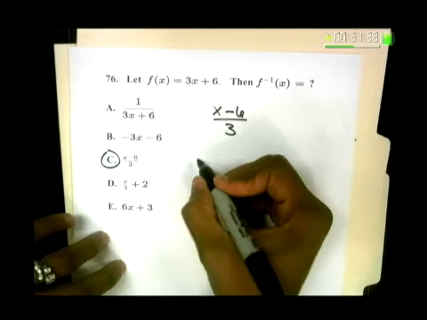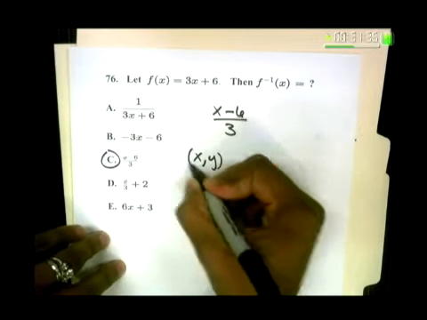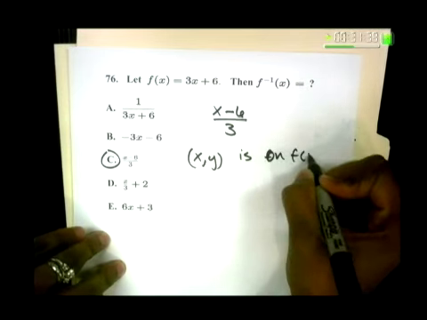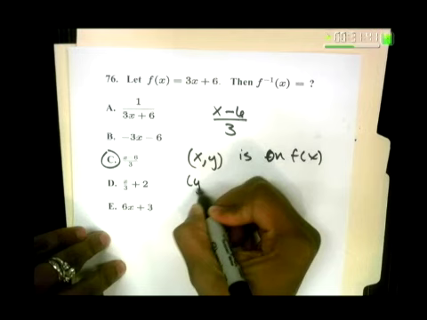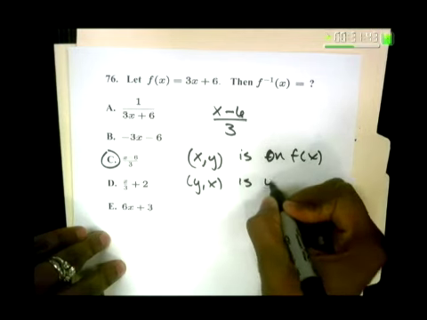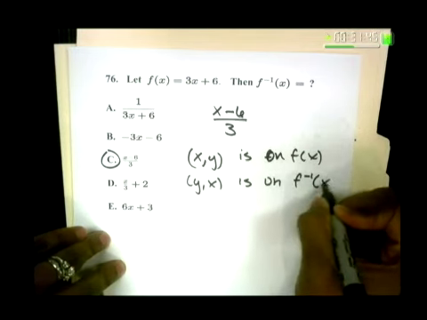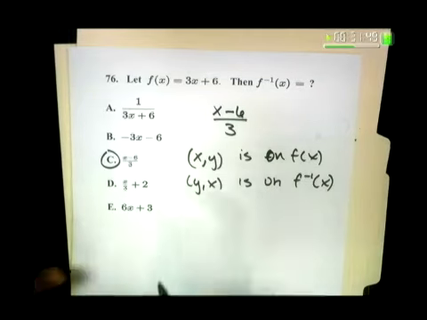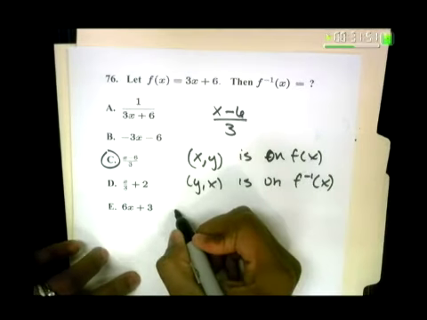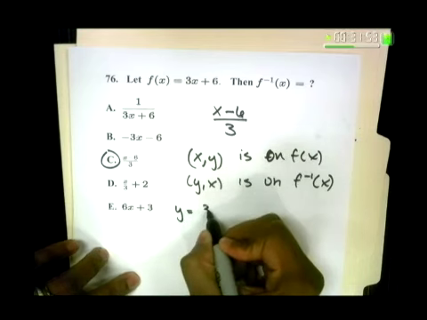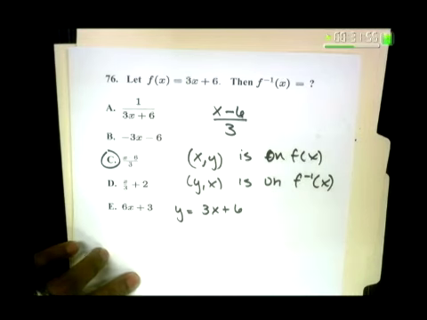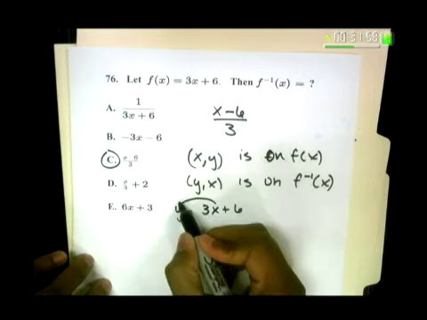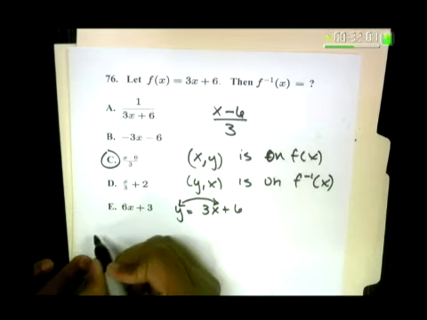If you have a hard time with that, the other way is remembering that if x, y is a point on f, then y, x is on f inverse of x. So if y equals 3x plus 6 is the original function, then for the inverse, I would switch these and then solve for y.